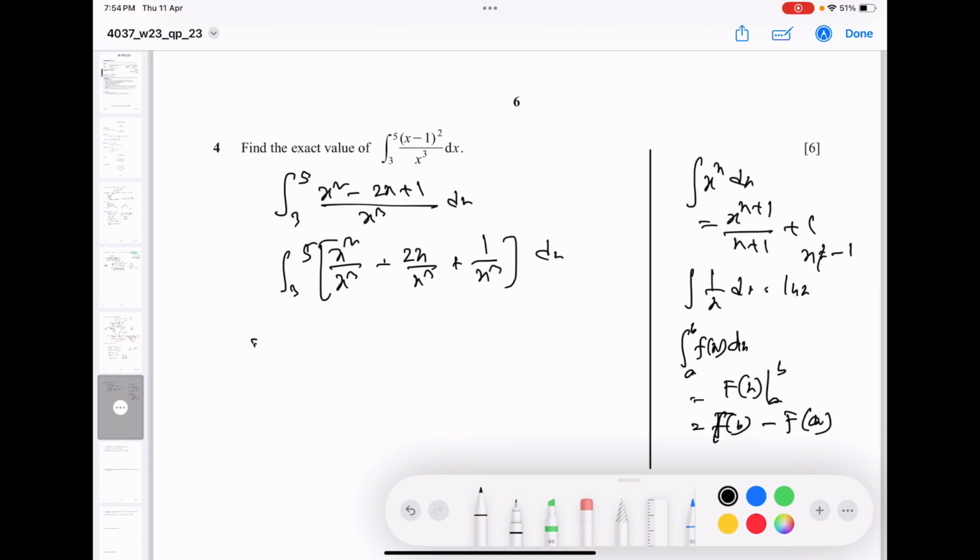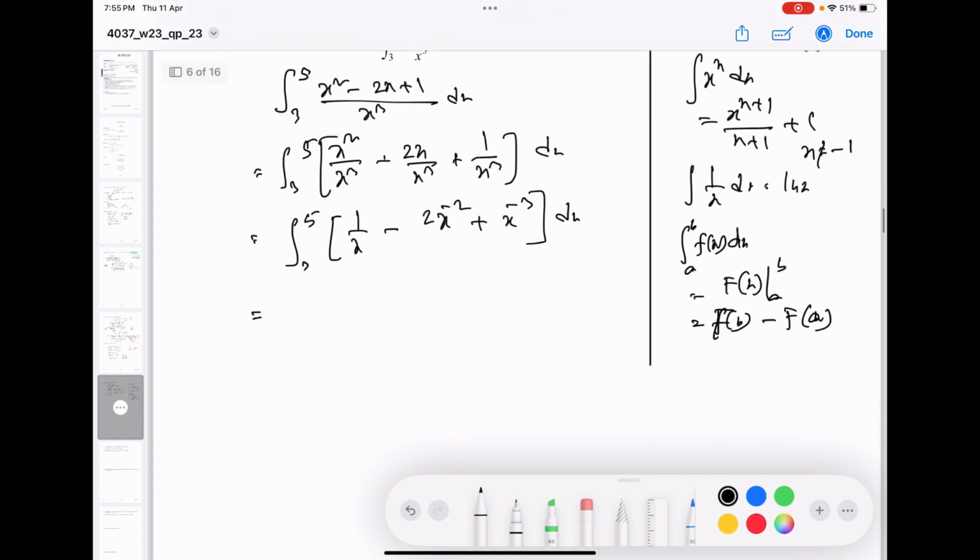Now let me simplify more: 1 by x minus 2 by x to the power 2 plus x to the power minus 3. Let us integrate. 1 by x integrated becomes ln x, minus 2 times x to the power minus 2 plus 1 divided by minus 2 plus 1, then plus x to the power minus 3 plus 1 divided by minus 3 plus 1, and limit is 3 to 5.